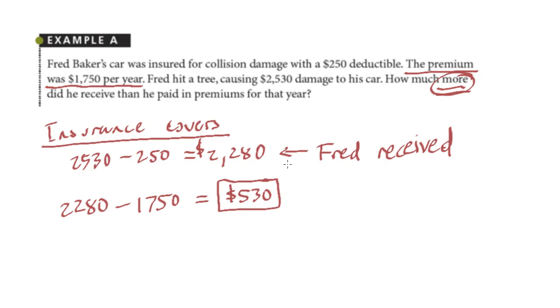Now, this doesn't really take into consideration how much he paid for the deductible, because he actually didn't get a net benefit of $530. He actually paid $250. But the question's not really asking about that. So anyways, that's how you attempt example A.